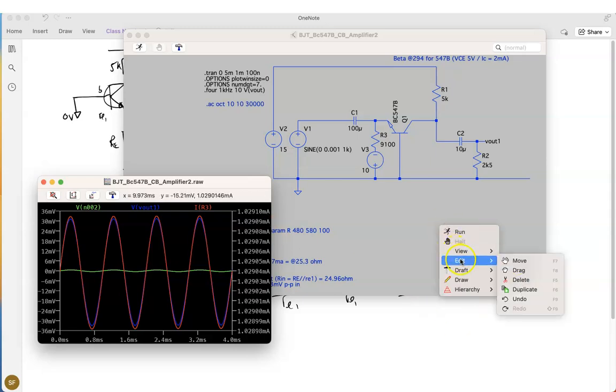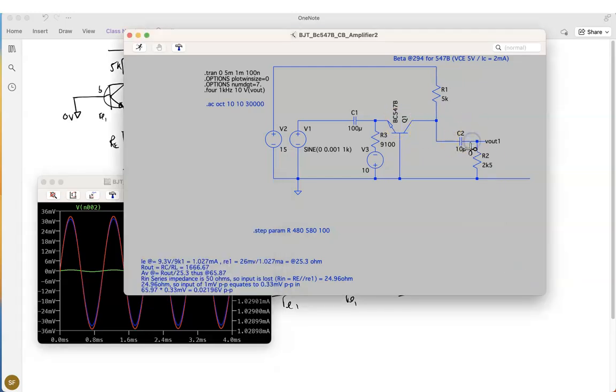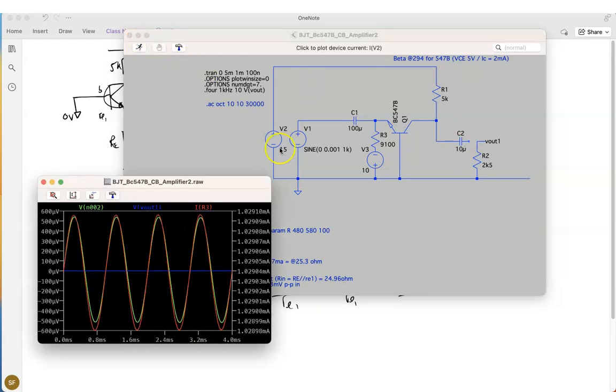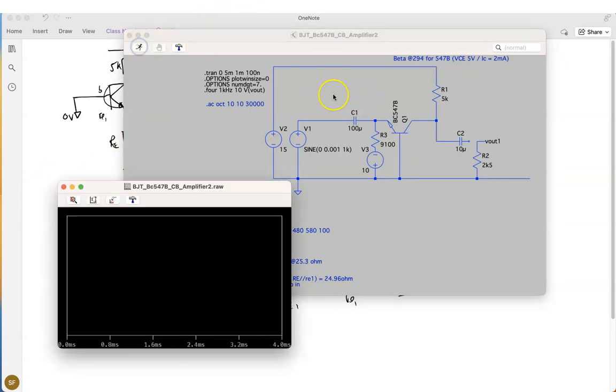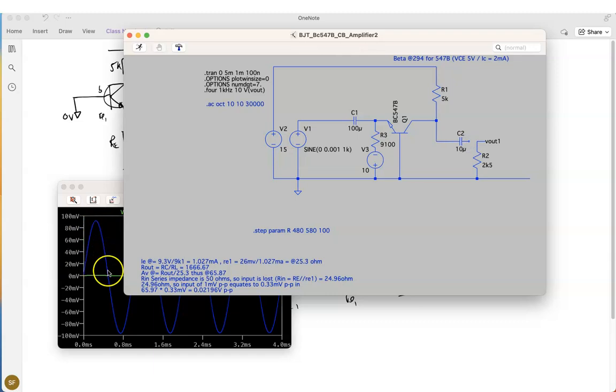Obviously, if I disconnect the load and run it again, let's close that down. Yeah, we get a lot bigger gain.